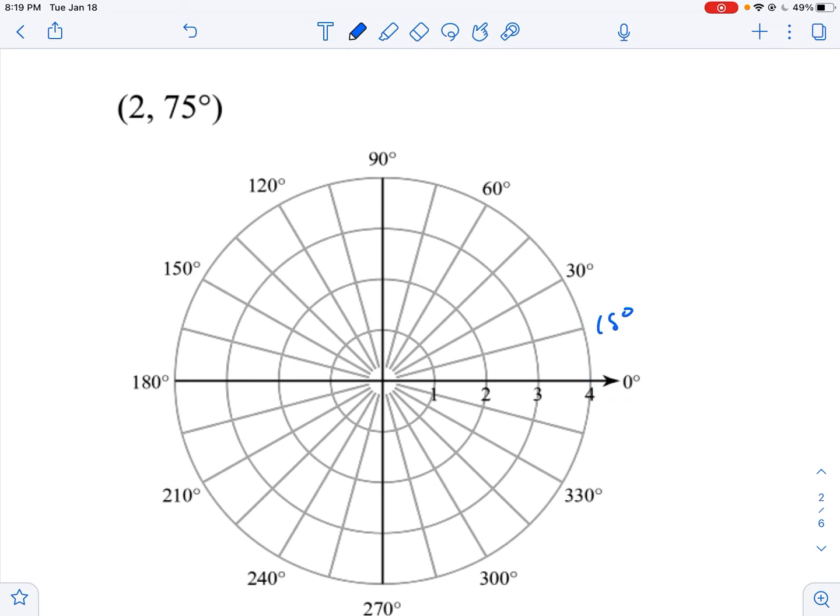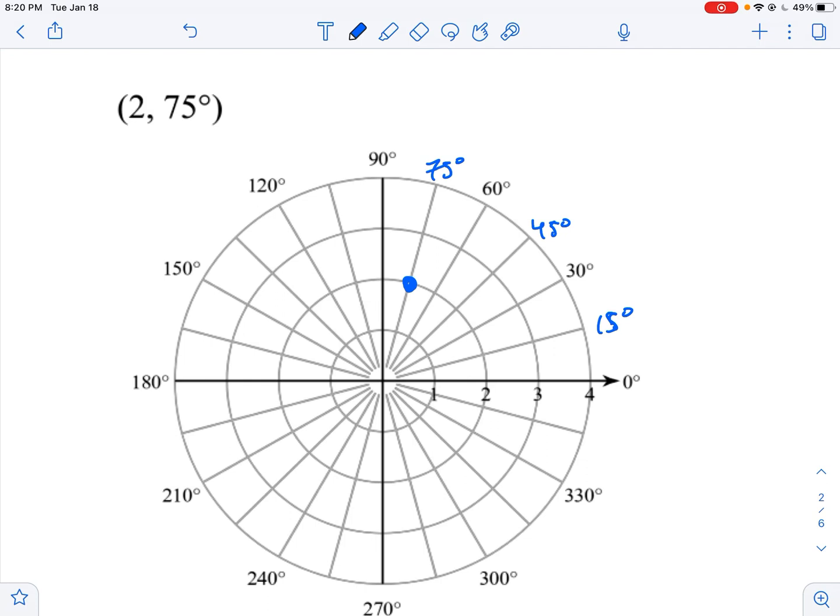Each line is 15 degrees. So if you add on 15 degrees, you get 15, 30, 45, 60, 75, 90, etc. So we go out 2 and then around 75 degrees, which on this handy-dandy coordinate grid that already has these spokes going out lets us know that the point is here. We got it.